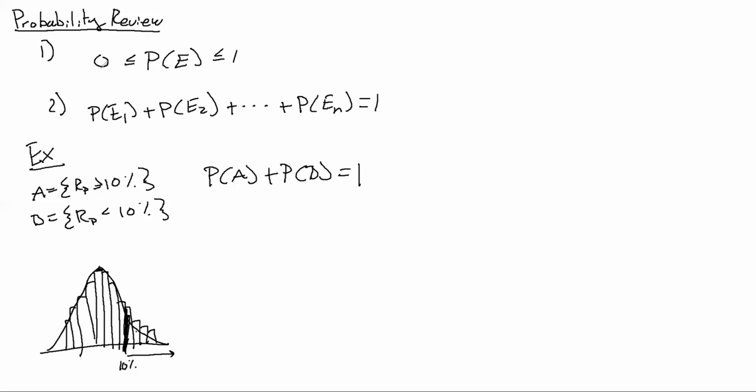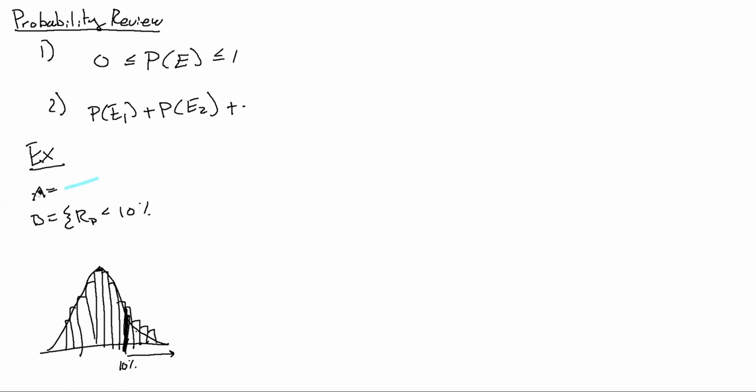So this was our definition of probability. Now for more of our probability review, let's say we have two independent events, A and B again. Maybe this is not the same A and B that we just did.